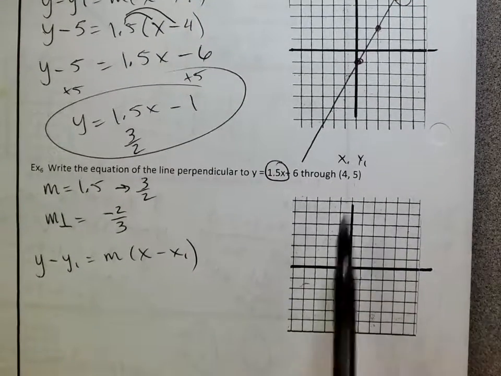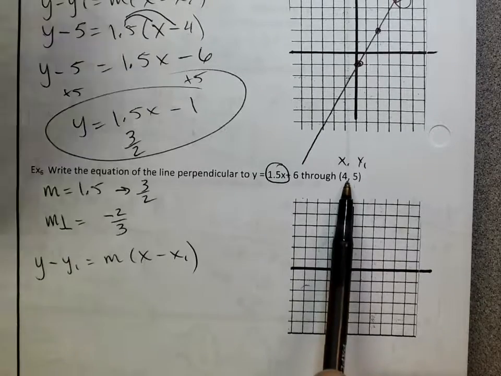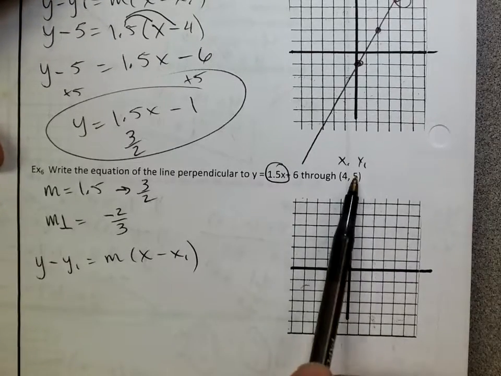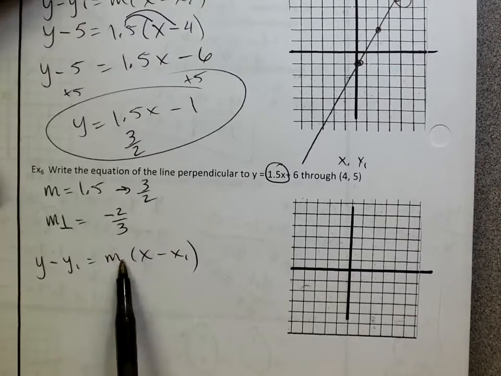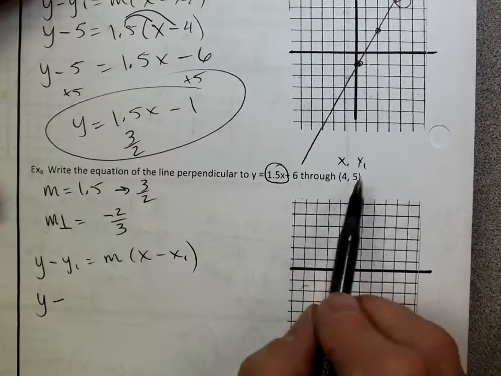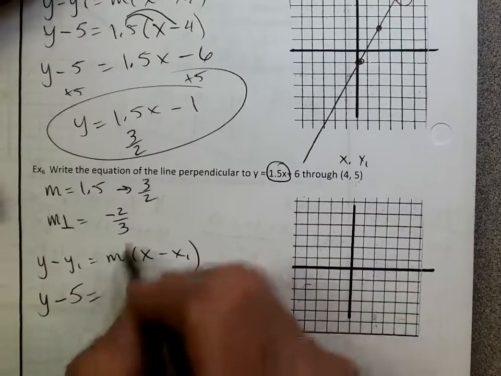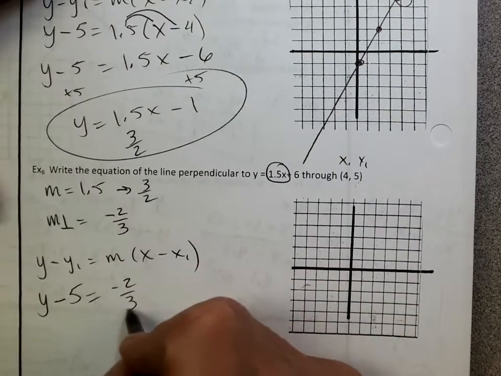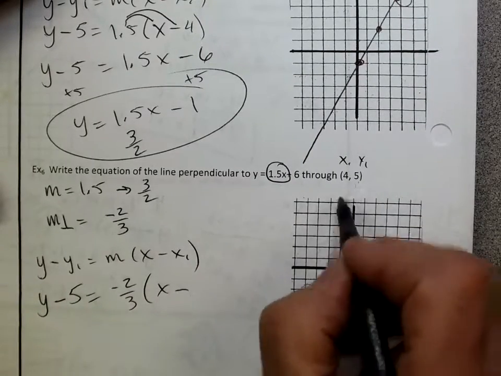Now, put the 4 and the 5 in, so the 4 is going to go for the x, the 5 will go for the y, and the negative 2/3 goes in for the slope. So here we go, almost done. Y minus, y1 is 5, m is negative 2/3, x minus 4.